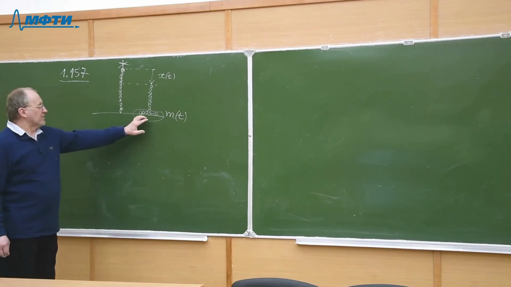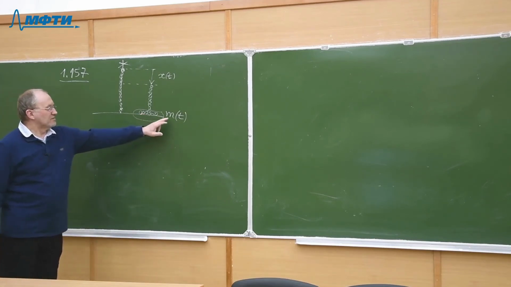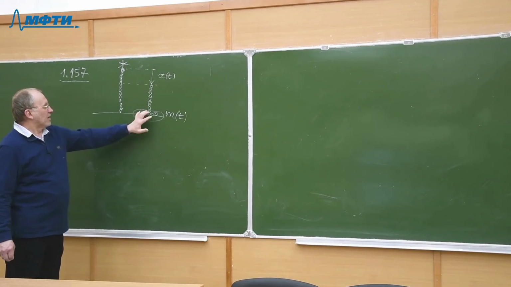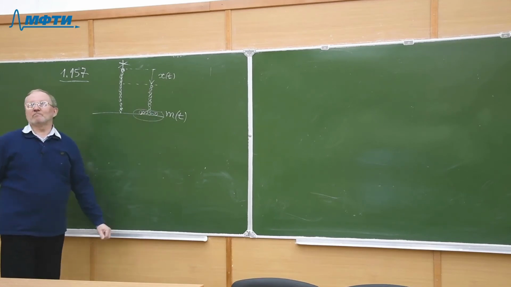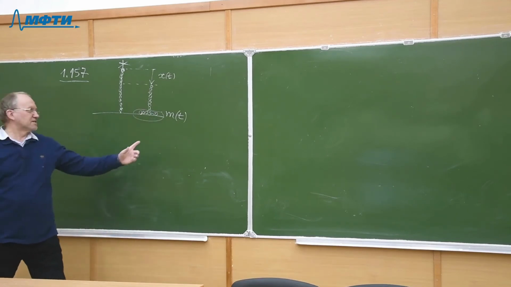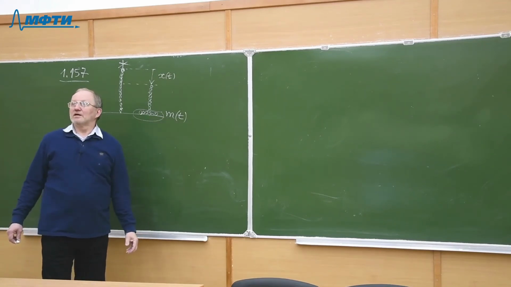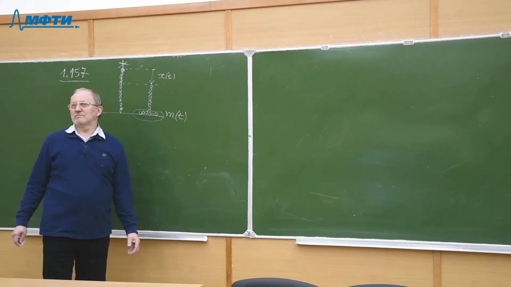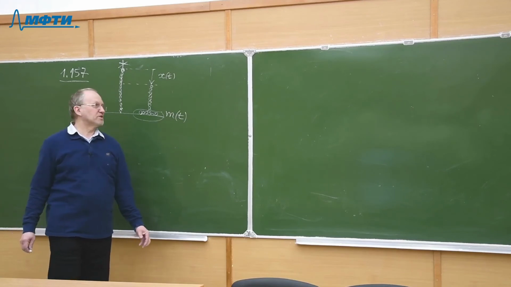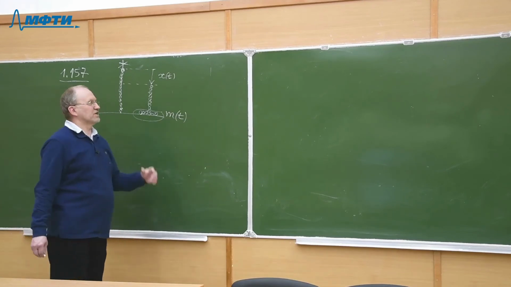So there is a mass which rests on the table, and this mass is changing in time. If the mass changes in time, we can use the Meshchersky equation for motion of a body with variable mass.